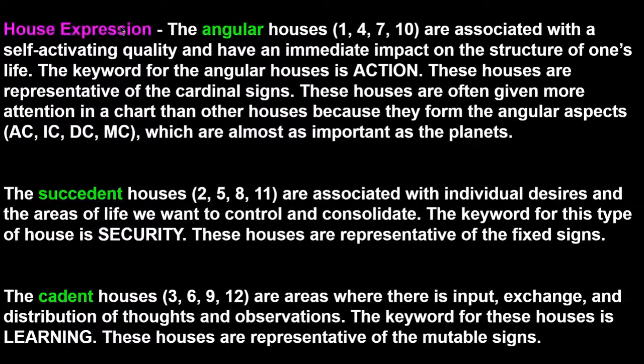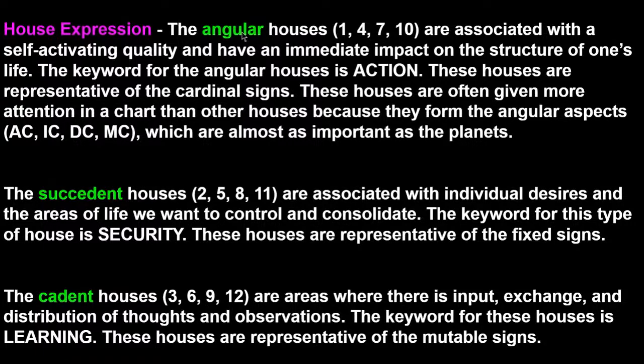House expression. The angular houses, 1, 4, 7, 10, are associated with a self-activating quality and have an immediate impact on the structure of one's life. So we are looking at house 1, house 4, house 7, and house 10.